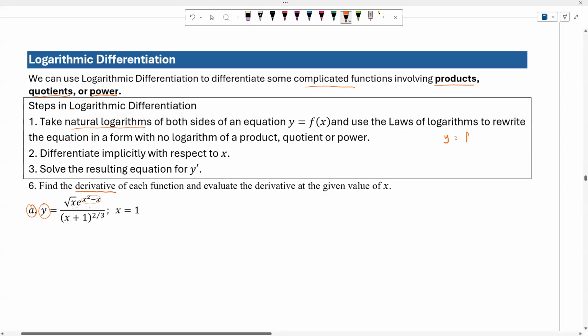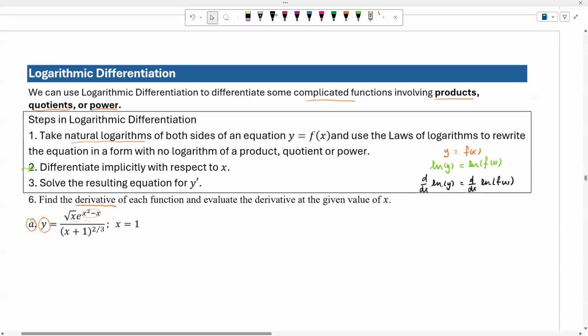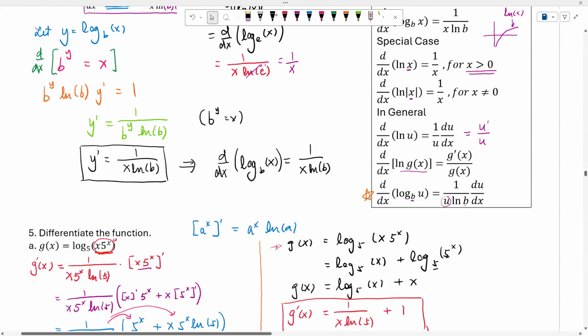Now I have y equal to f of x. Then I would like to take the natural log to both sides of the equation. Then we would like to differentiate implicitly with respect to x, so we take the derivative to both sides of the equation. And remember, the derivative of natural log y is just like what we have here: the derivative of natural log u is u prime over u.